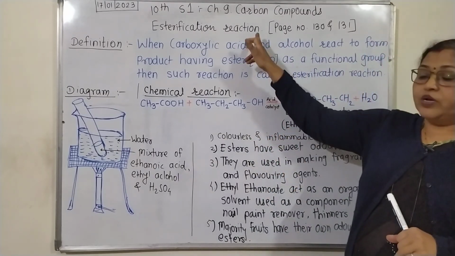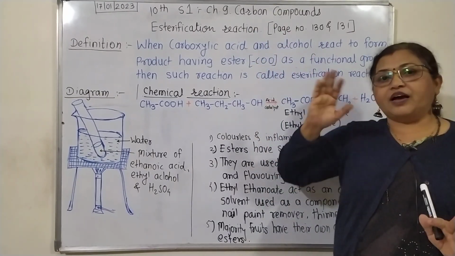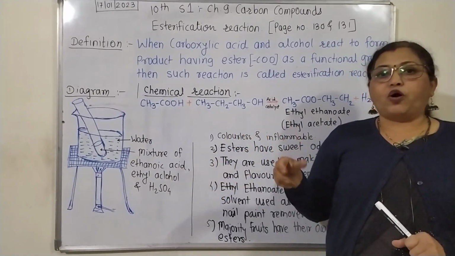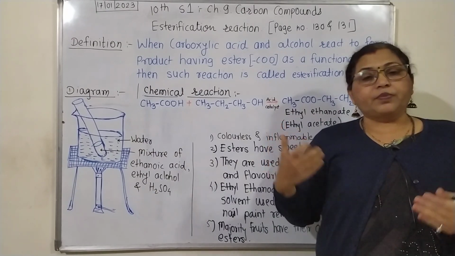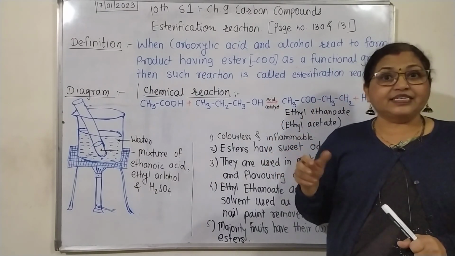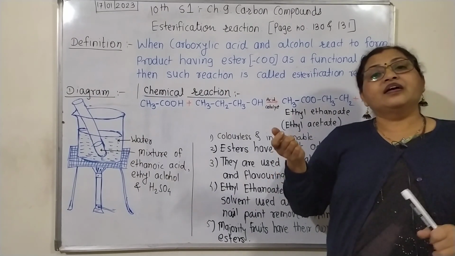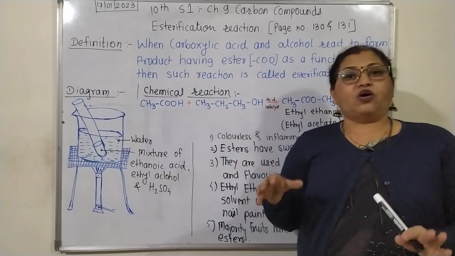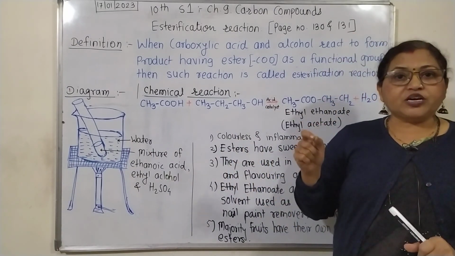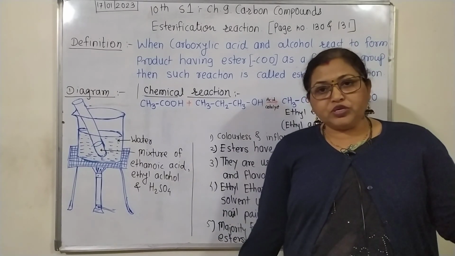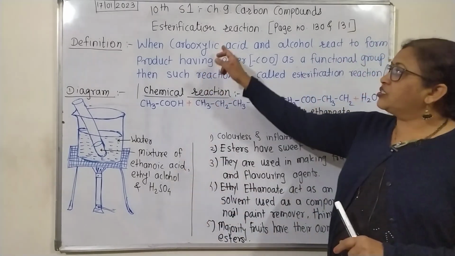उसमें अगर आप देखोगे तो ये एक reaction है that is again one of the carbon compound and mostly we get it from the mixing or the chemical reaction when takes place between ethanol and ethanoic acid, that is carboxylic acid, and in alcohol when they react together they form esters or the compound which contains the ester as a functional group. उसे बोलते हैं esterification reaction.